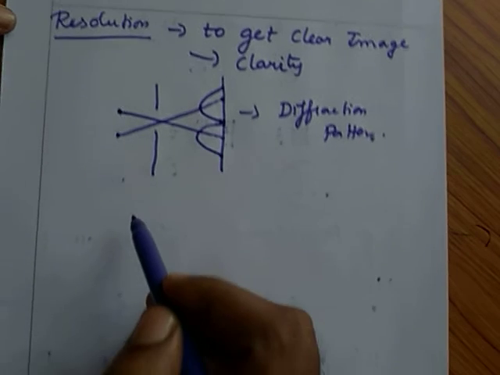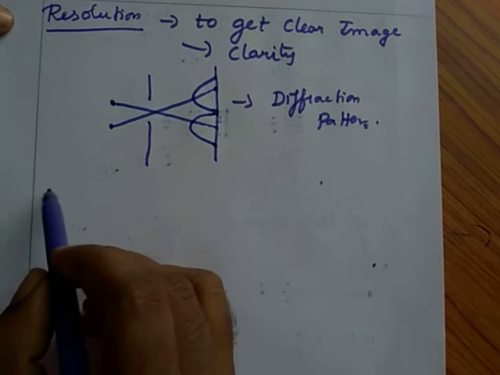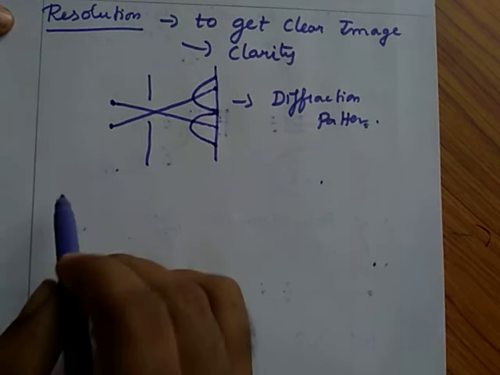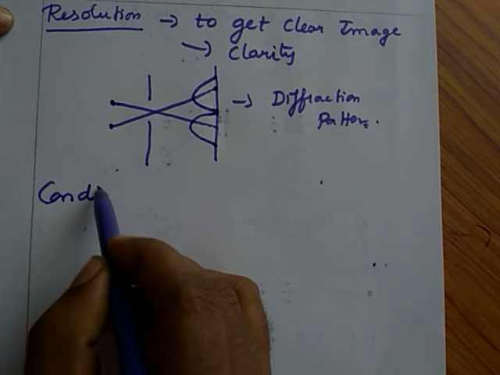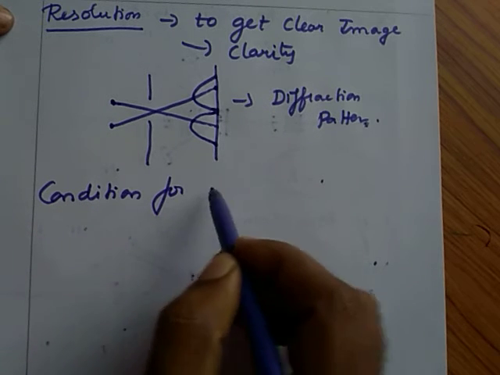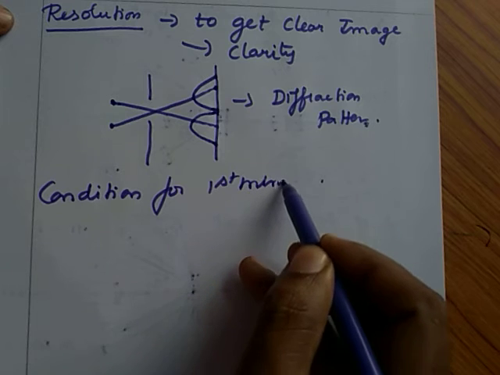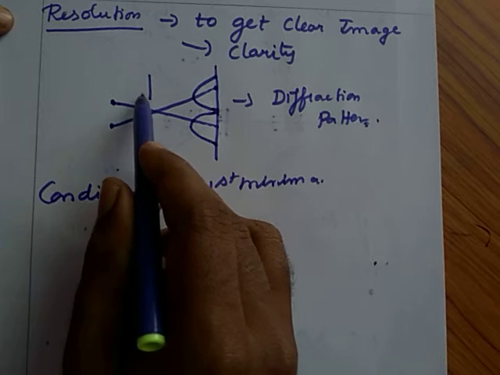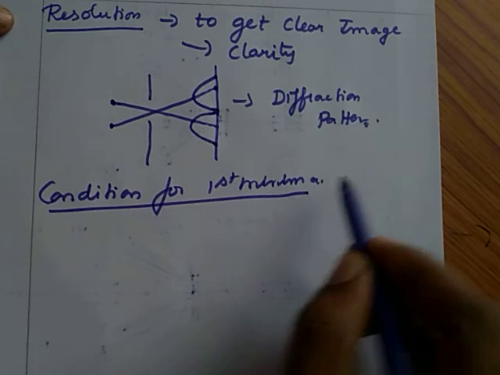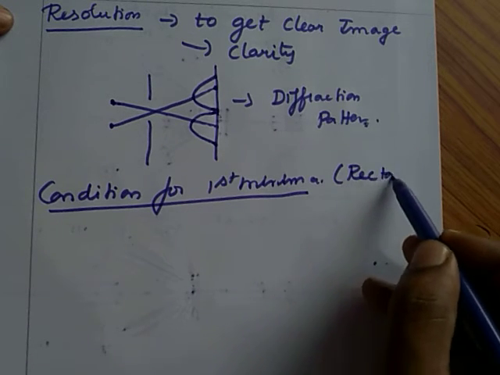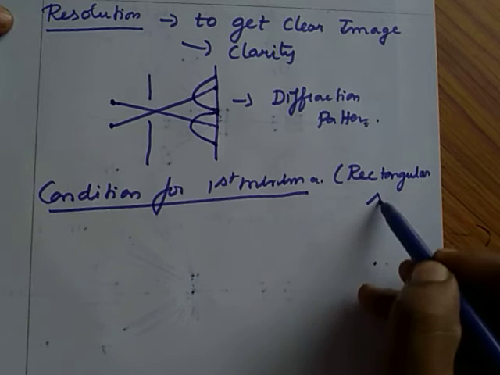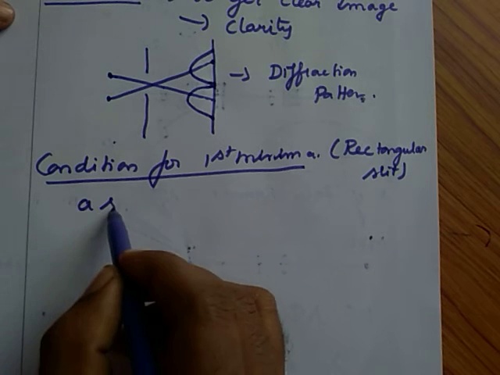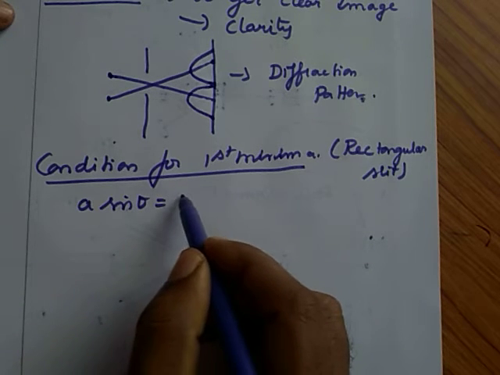Okay, we know in diffraction the condition for first minima. For a rectangular slit, the condition for first minima is a sin theta equals m lambda.